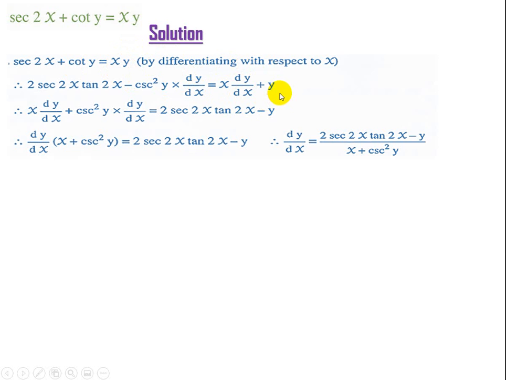Collect the like terms. So here x dy/dx + cosec^2 y times dy/dx = 2 sec 2x tan 2x - y. So dy/dx = (2 sec 2x tan 2x - y) / (x + cosec^2 y).